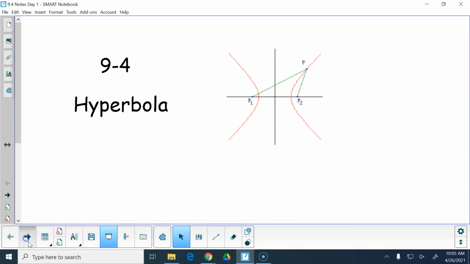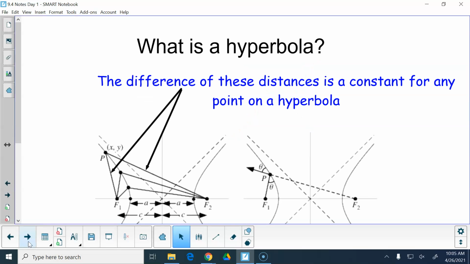So, what a hyperbola is. The hyperbola is the set of all points where the difference of the distances to the foci is the same.